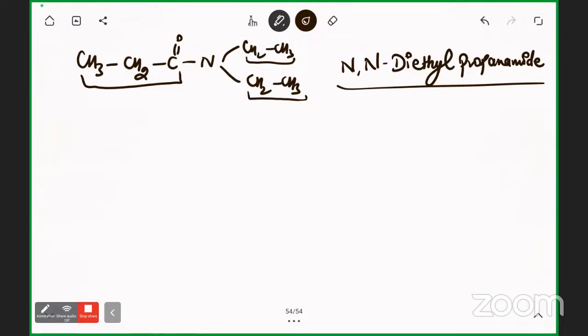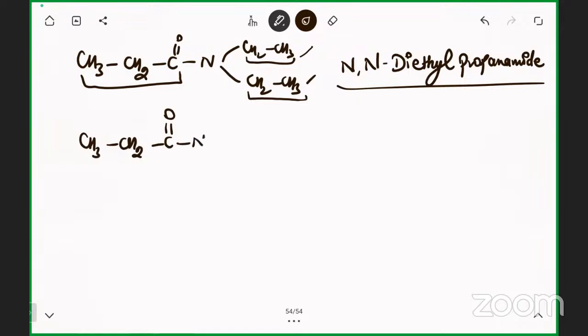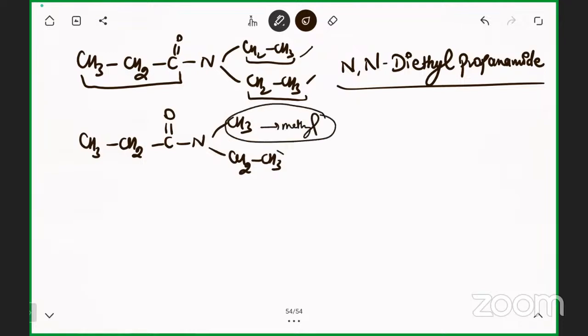But what happens when these two groups are different? Then you have to do the naming alphabetically. See another example. CH3, CH2, C double bond O, single bond N, then CH3, then CH2, then CH3. Now, this one is named methyl and this one is named ethyl.